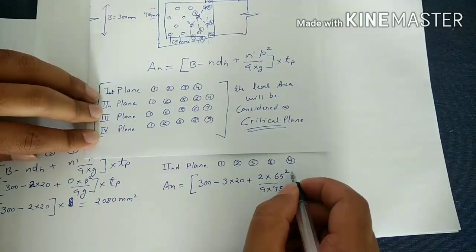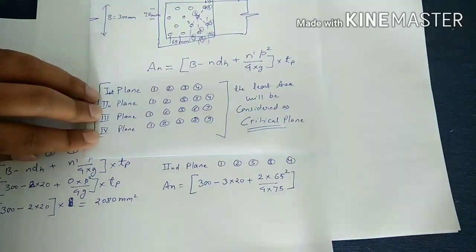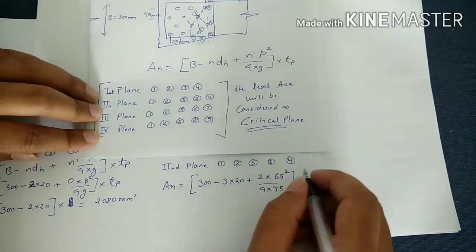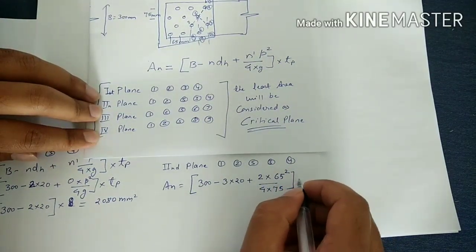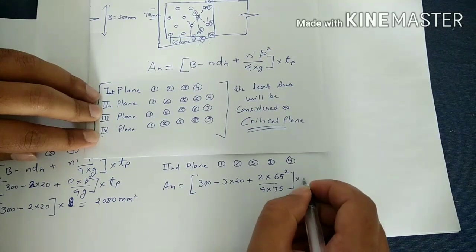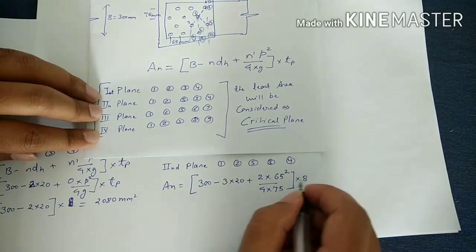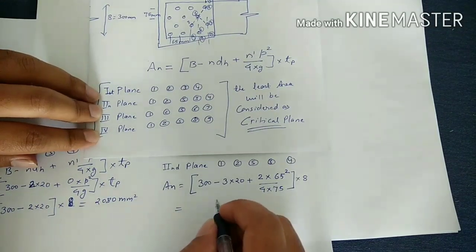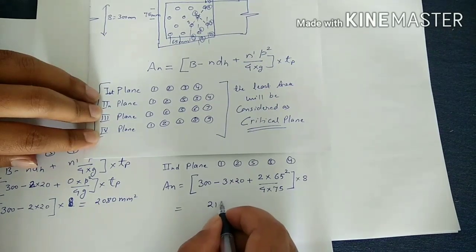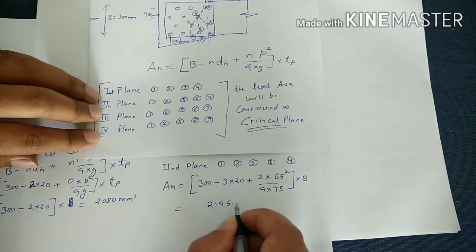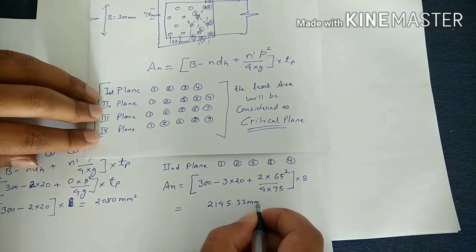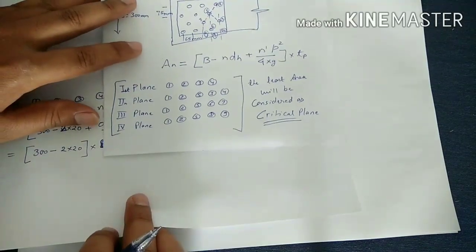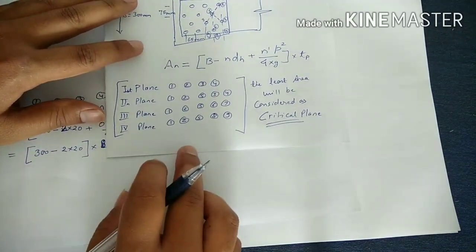I have told you about the pitches and gauges earlier in the classes. Into thickness of plate. On solving this, AN comes to 2145.33 mm square.